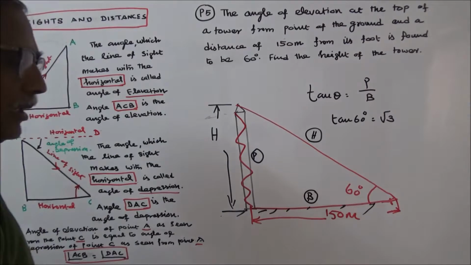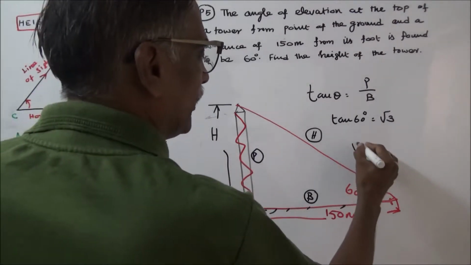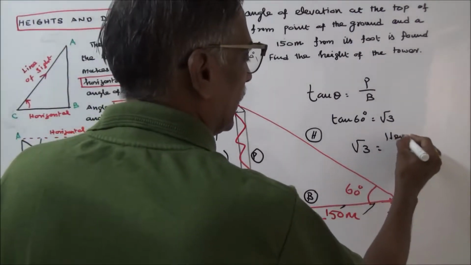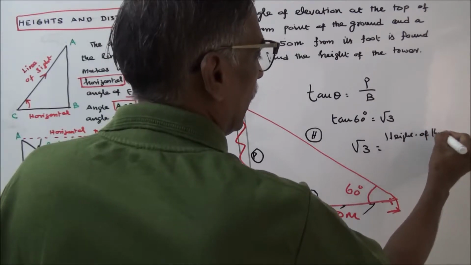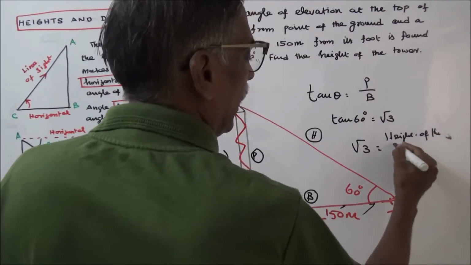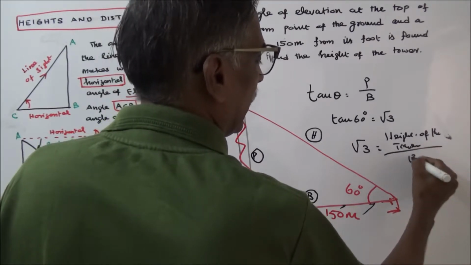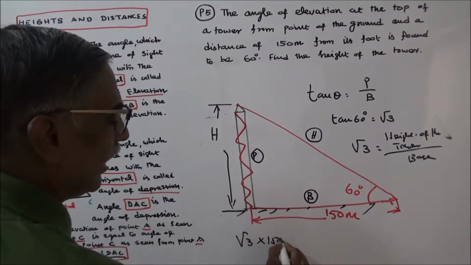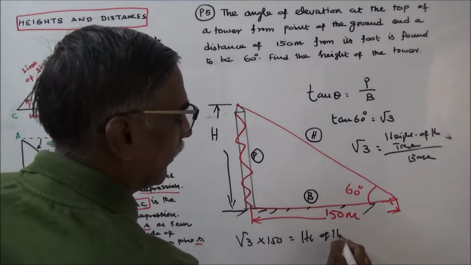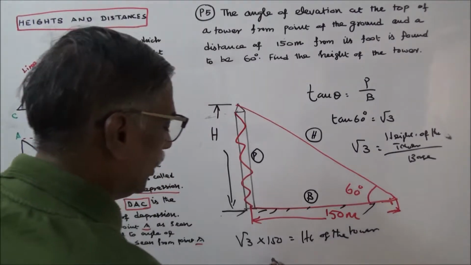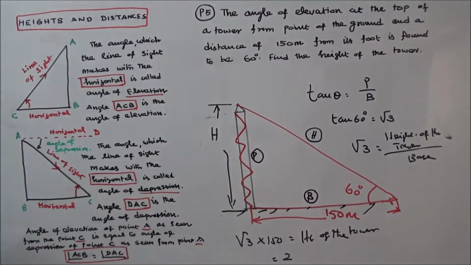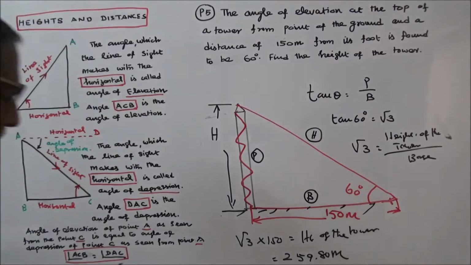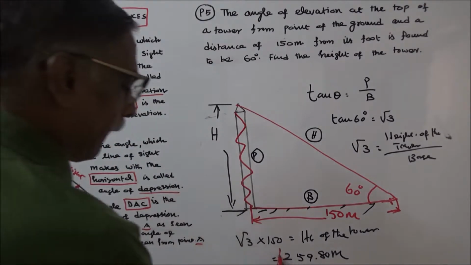We know the base, which is 150. So root 3 is equal to height of the tower divided by base, therefore the height is root 3 into 150, which is 259.80 meters. That is the height of the tower.